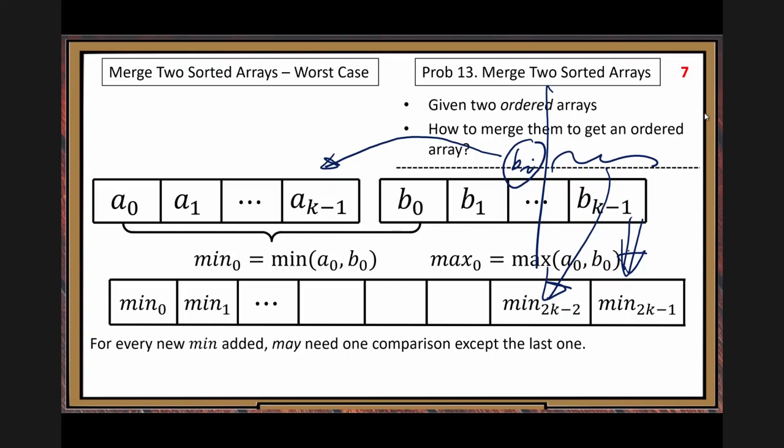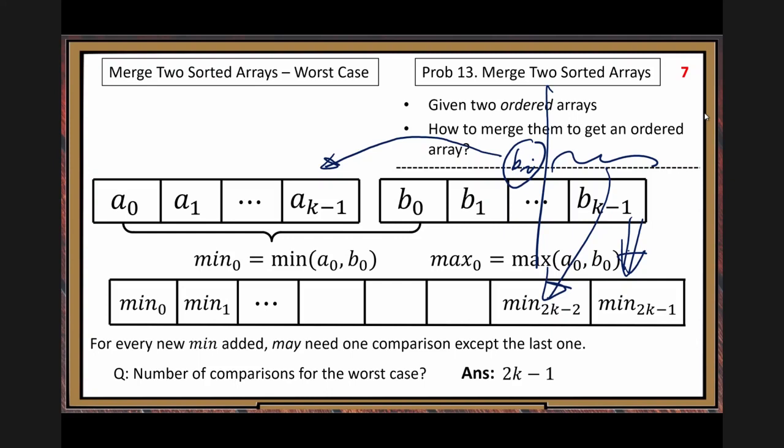The minimum is 0, so that adds 1. It's 2k minus 1. Yes, perfect, you give me the perfect answer: 2k minus 1.